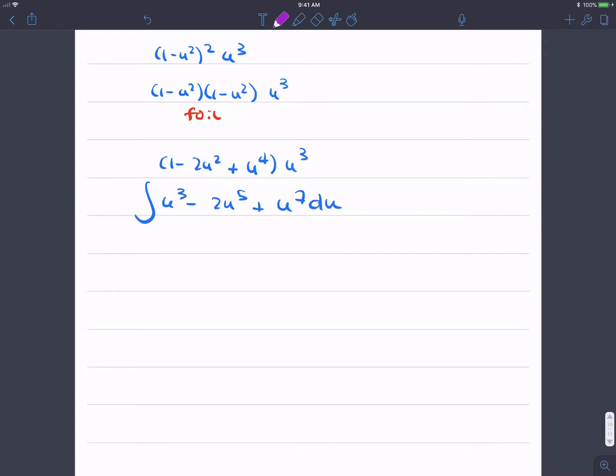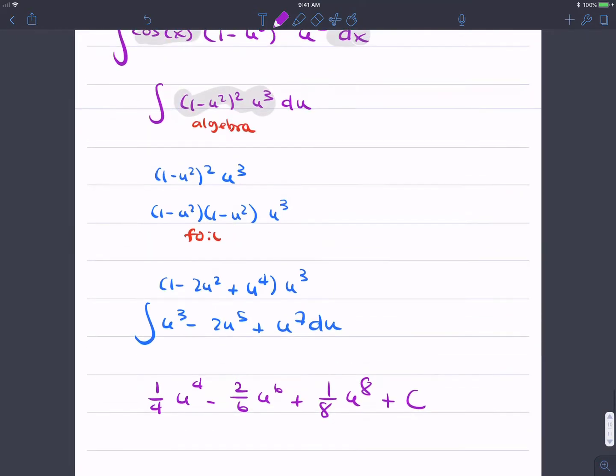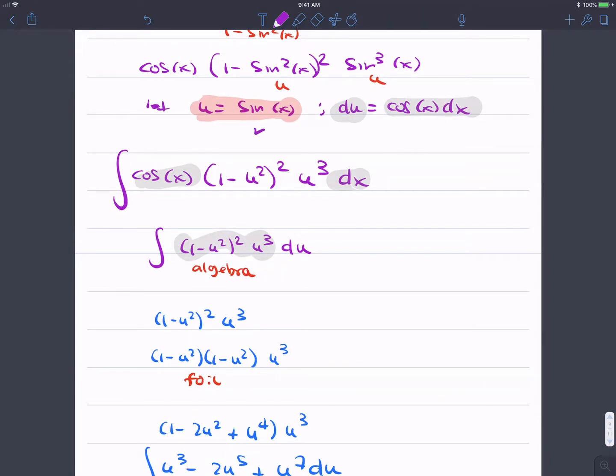We end up getting 1/4 u to the fourth minus 2/6 u to the sixth plus 1/8 u to the eighth plus c. Don't forget that our u here will be sine.